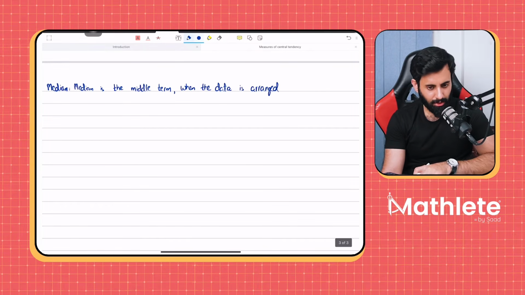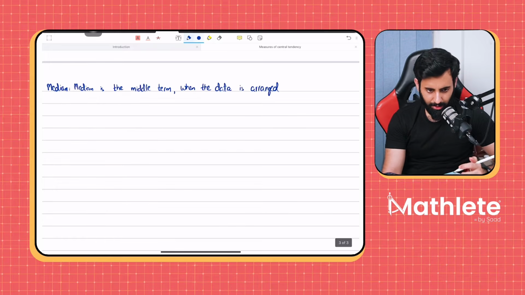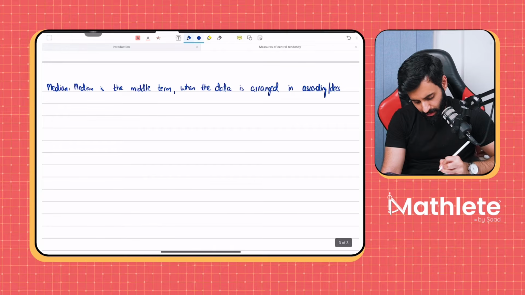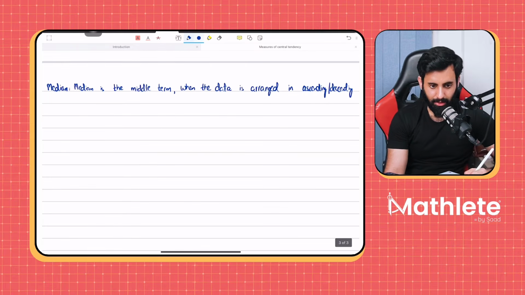Surprisingly, it doesn't necessarily have to be arranged in ascending order. It could be descending order as well. When the data is arranged in either ascending or even descending order. I'm not sure if this is the right spelling, but you guys get the point.